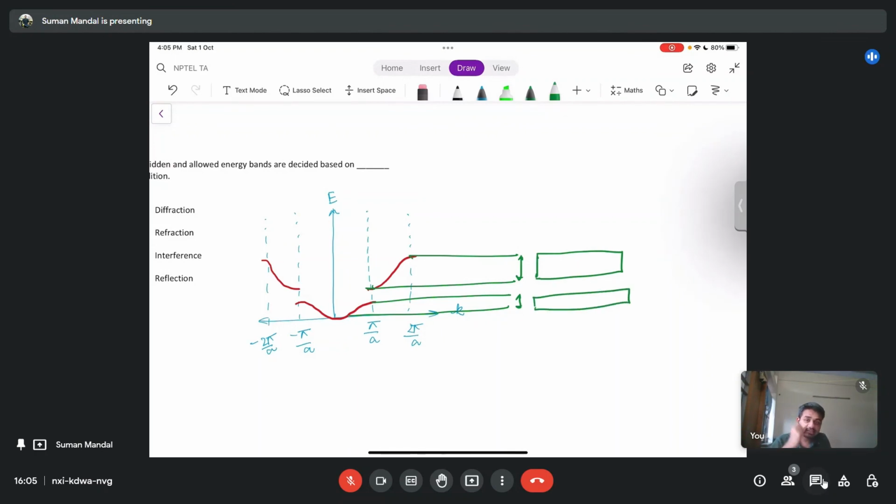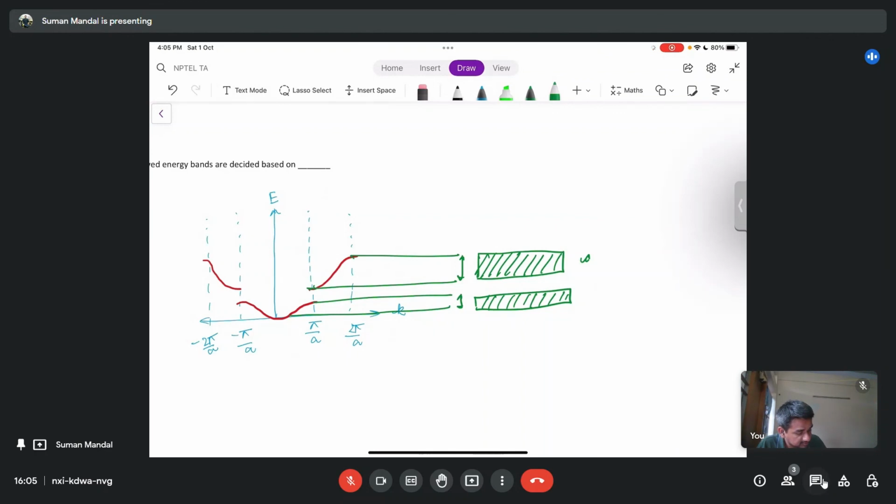Since the EK diagram exists only in this space, only in this range of energy can you get the electrons. So this is the allowed regime, but these are the forbidden regimes of energy.